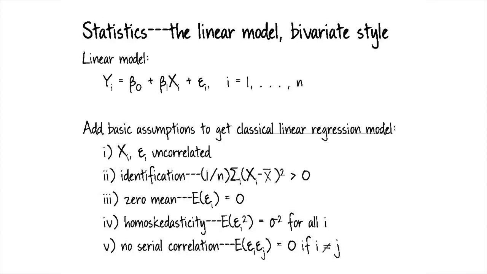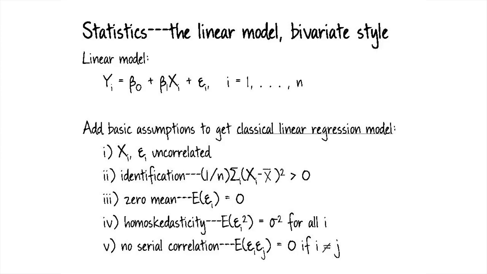So let's add some basic assumptions, and then we will get to something called the classical linear regression model when we pile on a few more assumptions. Okay, first of all, let's assume that our two random variables on the right side are uncorrelated. Okay, so x sub i and epsilon sub i are uncorrelated random variables. The second assumption, called identification, just basically means that we have some variation in our x variable. I'm going to show you a picture illustrating this in a second.